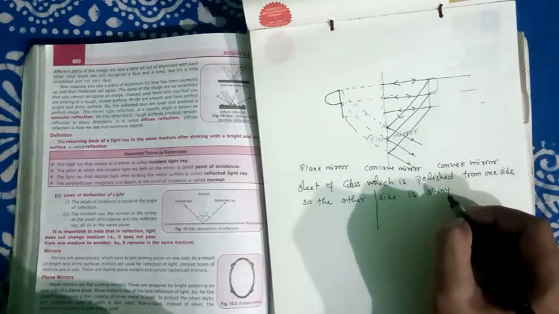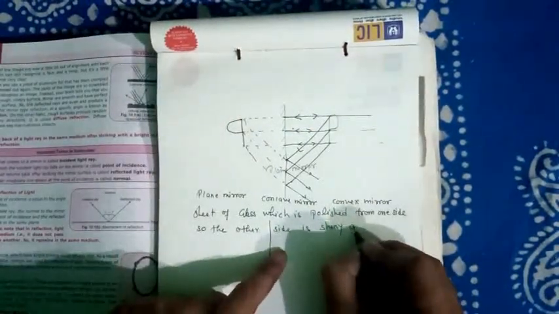What is a mirror? A mirror is a sheet of glass which is polished from one side, so the other side is shiny and bright.